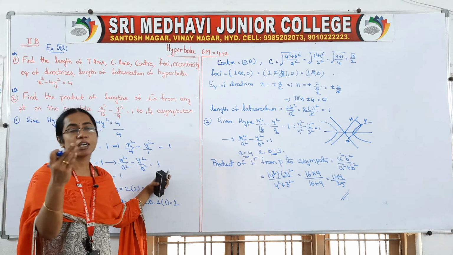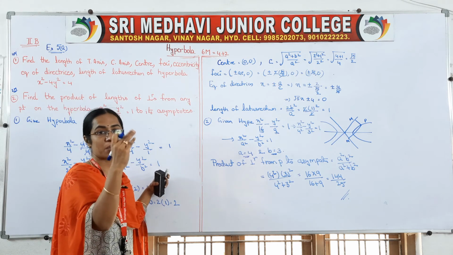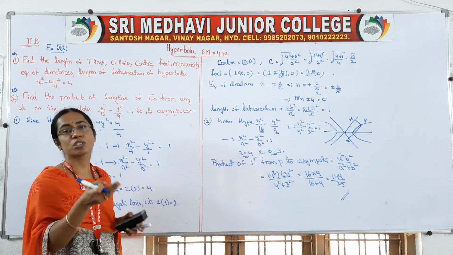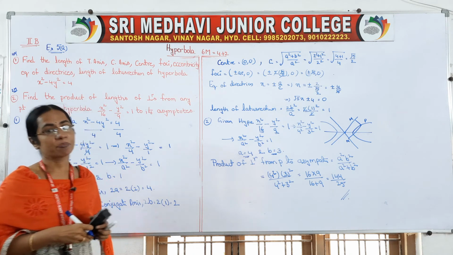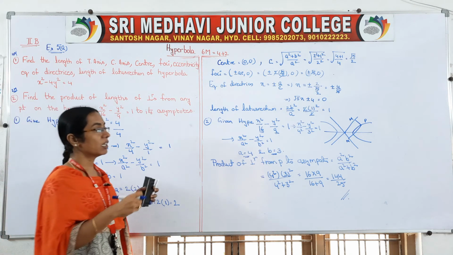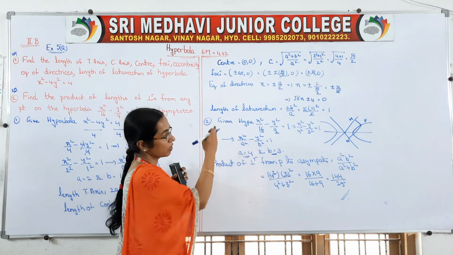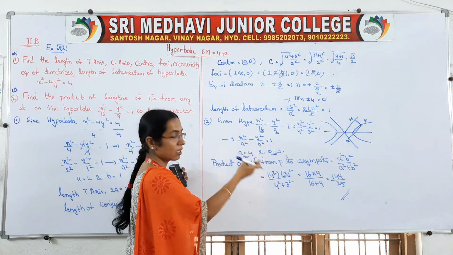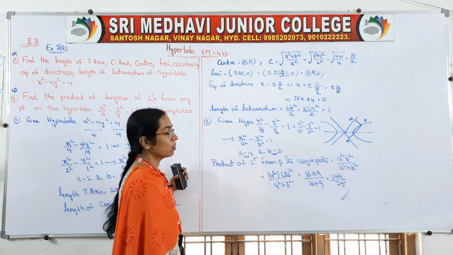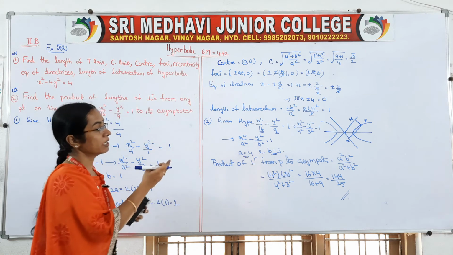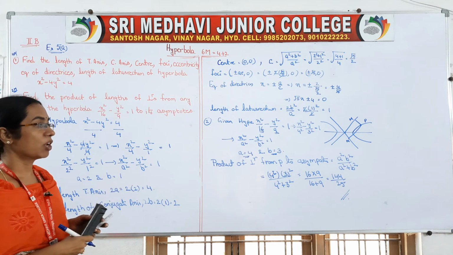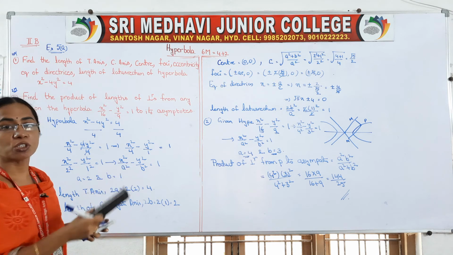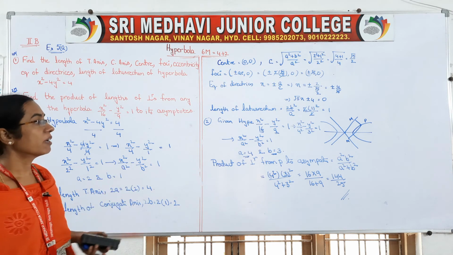Even we did with 1 by e square plus 1 by e1 square is equal to some constant, isn't it? So the same thing we are doing here also. Once we derived that formula, we are using it for this problem. So what is this? a is equal to 4, b is equal to 3, substitute, then you will get the product of the perpendiculars from the point to the asymptotes. Very simple.